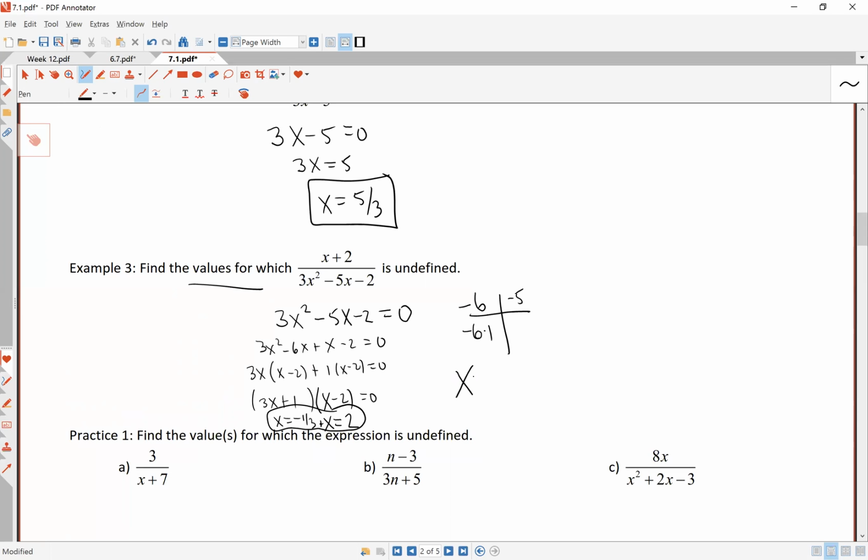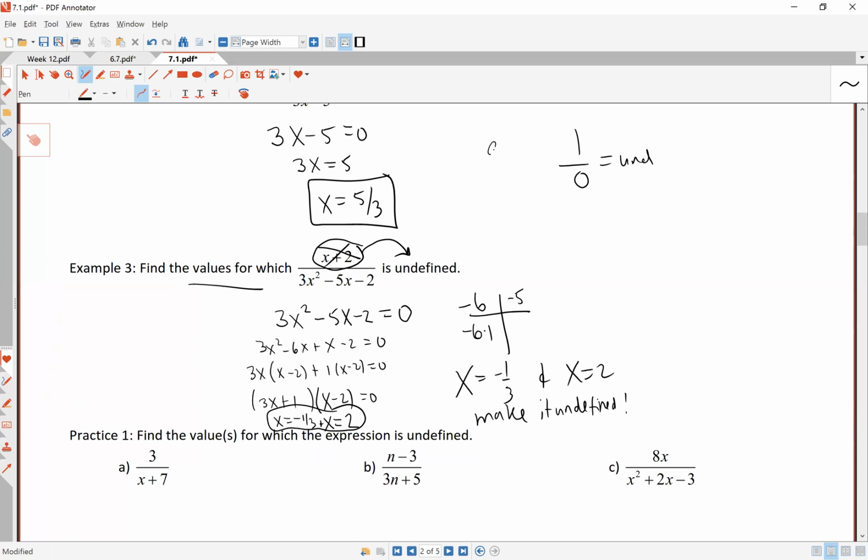So we say that x equals -1/3 and x equal 2 make it undefined. What happened to the x plus 2? Good question. It does not matter what the numerator is to make it undefined. It's irrelevant. It's just the denominator, because 1 divided by 0 is undefined.